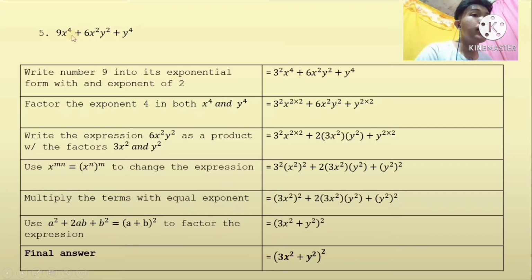The factor of 9x raised to 4 plus 6x squared y squared plus y raised to 4 is 3x squared plus y squared squared, or you can change its form. It will become 3x squared plus y squared times 3x squared plus y squared.